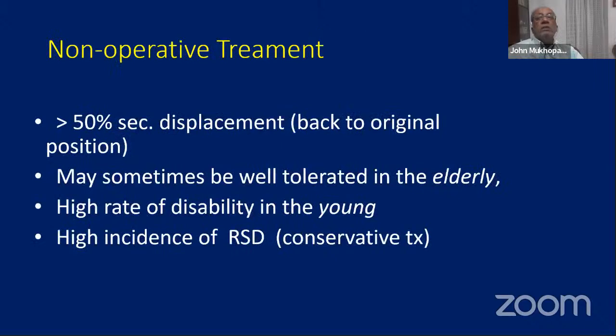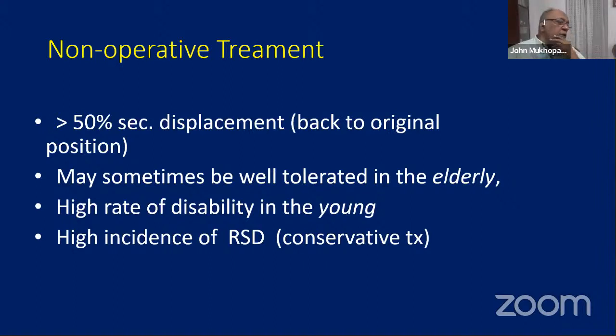Okay, now, one of the things that you must be aware of is that if you treat them conservatively, quite a significant proportion of them, especially if there's comminution, tend to displace back to the original position. Now, in the elderly, this may be well tolerated, but in the young, if it redisplaces, then you should expect problems. And if you're not able to hold it in a cast, maybe operative treatment is better.